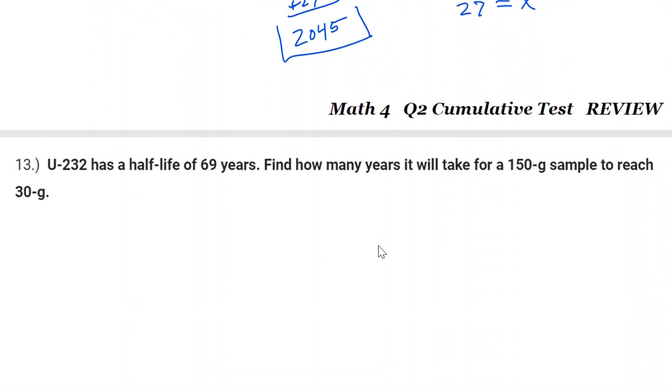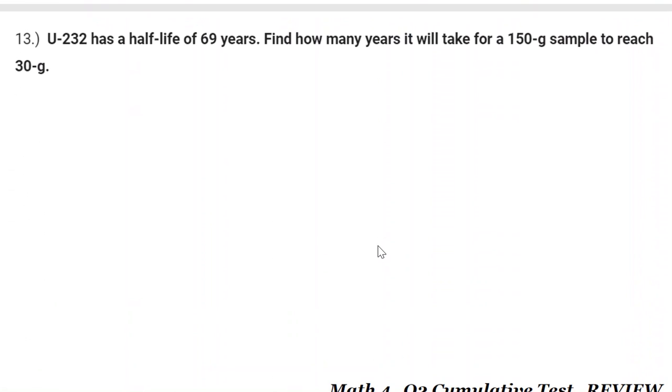Okay. All right, U-232 has a half-life of 69 years. Now that formula ran something like this. Original mass times e raised to the negative RT, where R was equal to the natural log of 2 over the half-life.